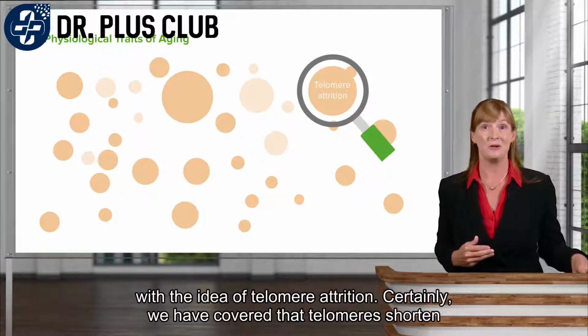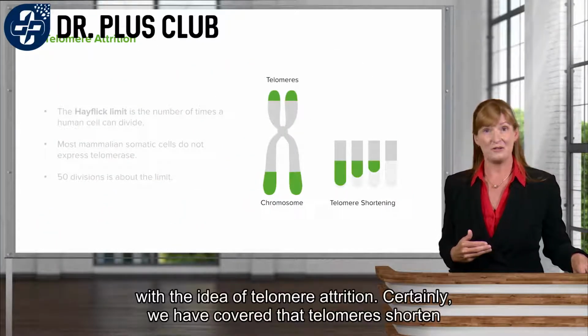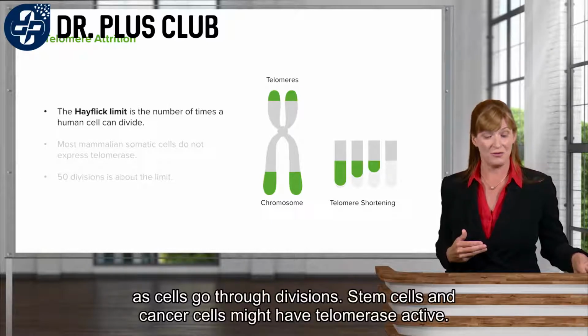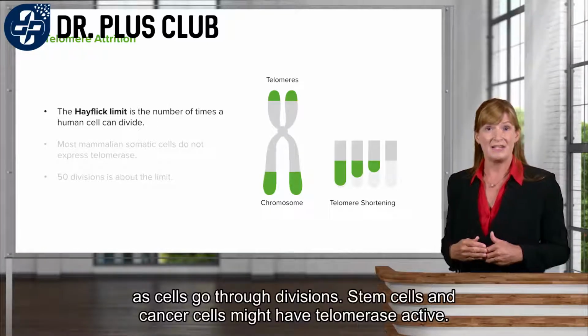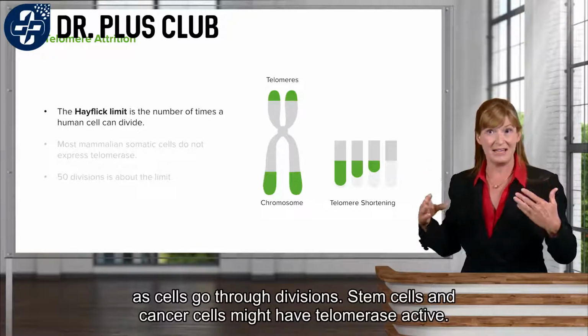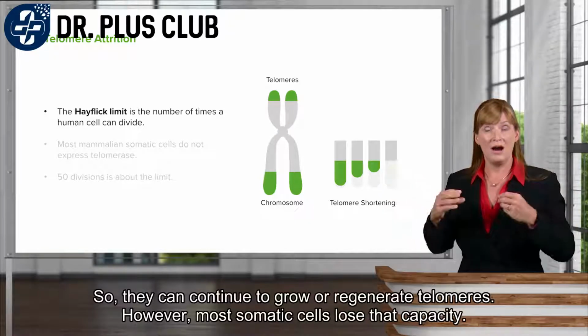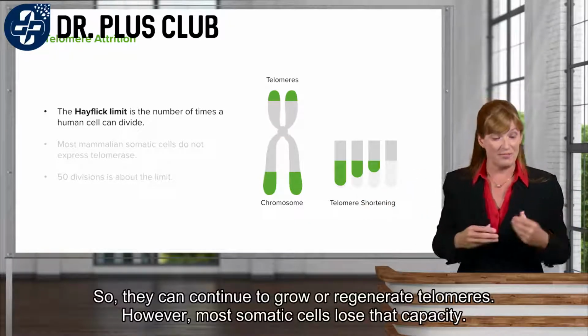Moving on to the next physiological trait of aging, you are probably very familiar with the idea of telomere attrition. Certainly, we have covered that telomeres shorten as cells go through divisions, and stem cells and cancer cells might have telomerase active, and so they can continue to grow or regenerate telomeres.